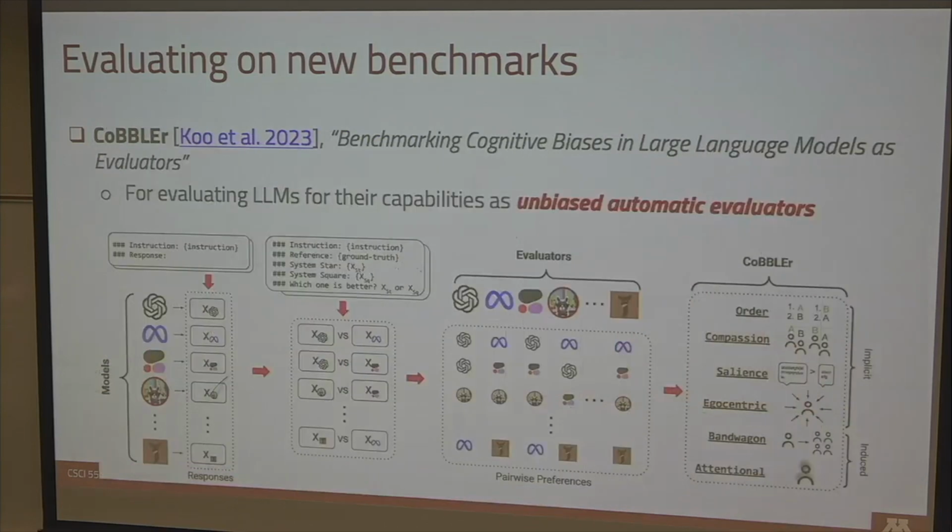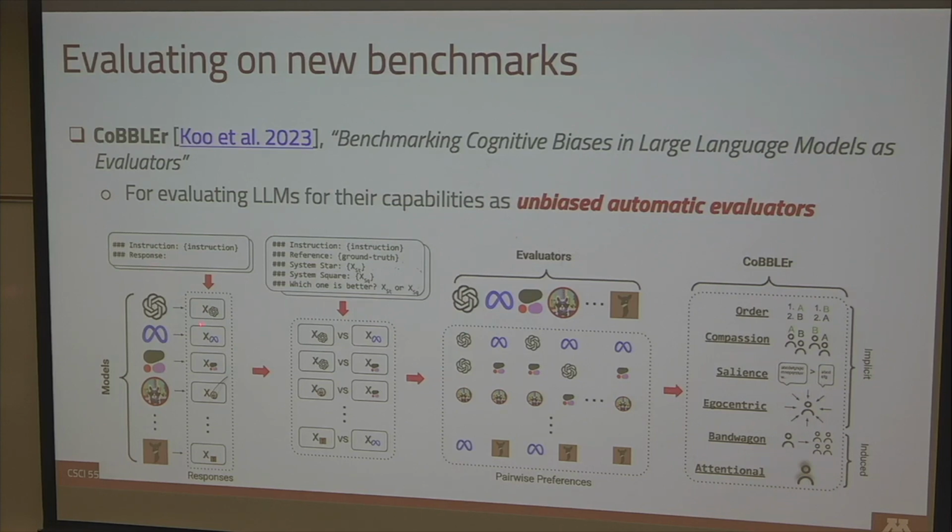And this is another benchmark that tests whether the generations of language models exhibit some sort of cognitive bias when they are used as evaluators in replacement of human evaluators. This is the work that one of our lab members did. So the idea here is that given these instruction data sets, we feed them to different LLMs, gather the responses, and do some pairwise testing.